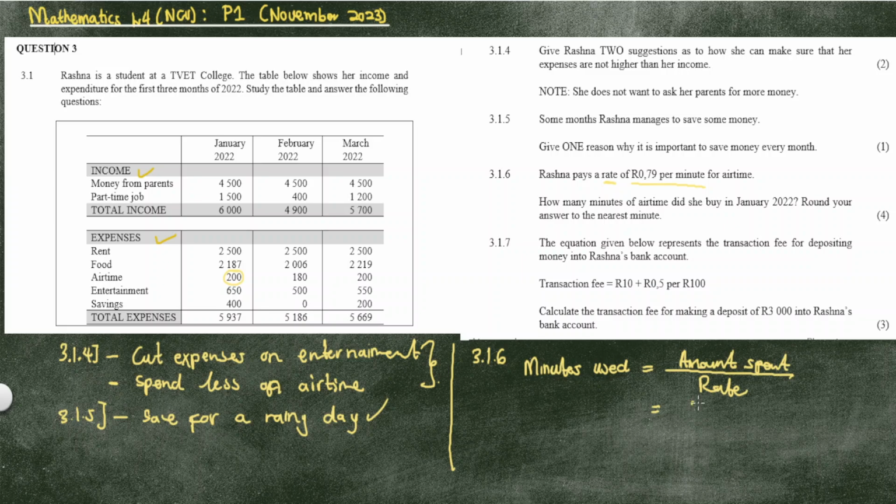Amount spent, she spent 200. Let's divide by 0.79. Let's get the answer. 200 over 0.79. I'm getting 253 comma 16, but we round off to the nearest minute, so it's going to be 253 minutes.